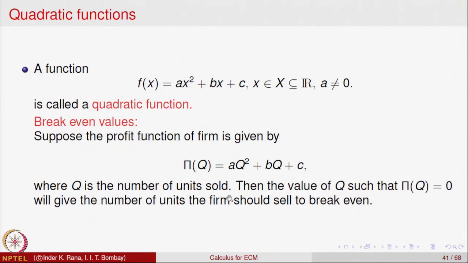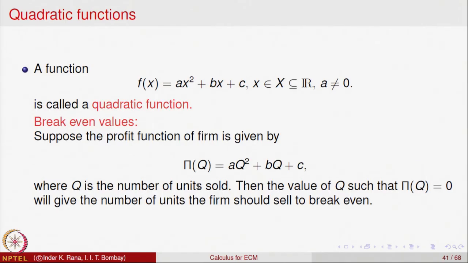Here q is the number of units being sold. If the profit is positive, the company is making a profit, that is when pi of q is positive. When pi of q is negative, the company is going into a loss. So, what about pi of q equal to 0?